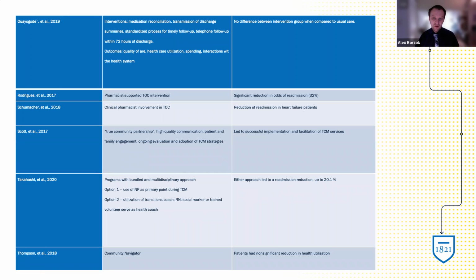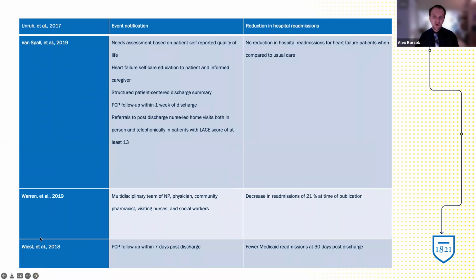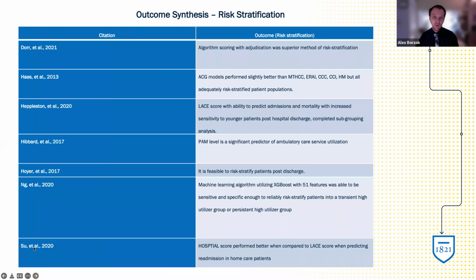Continuing on, the reduction of admissions ranged anywhere from 20% up to 44%, depending on what type of intervention and what combination of interventions were used. One of the biggest things to reduce readmission was risk stratification.